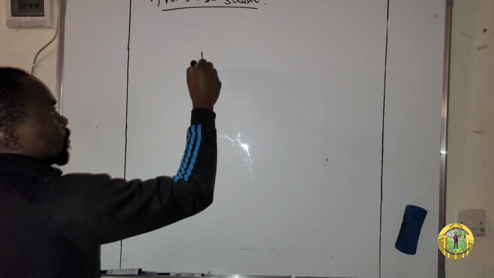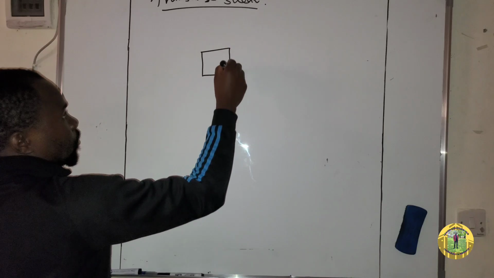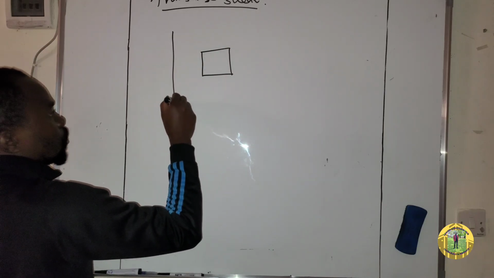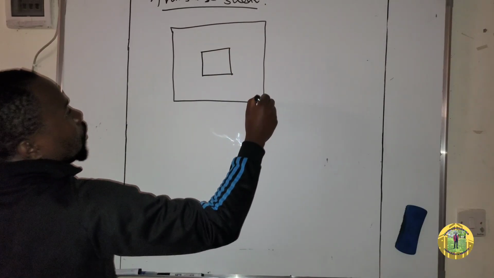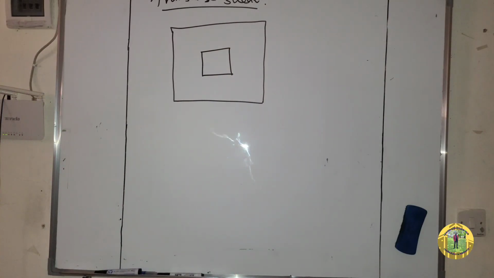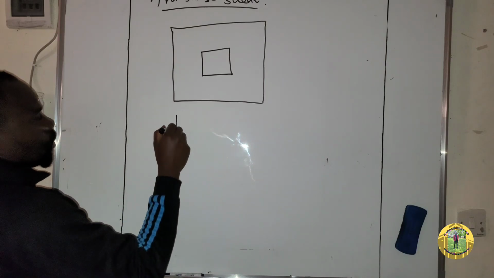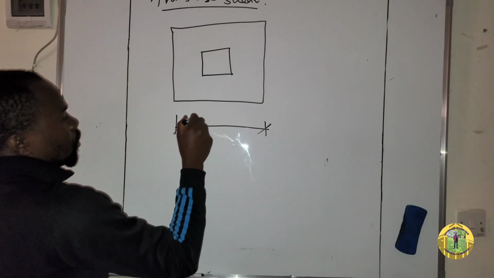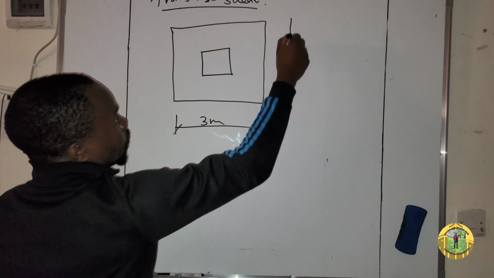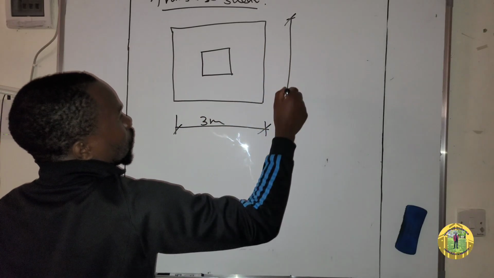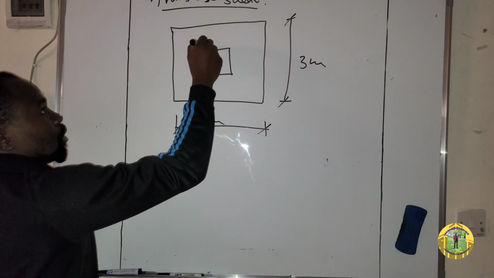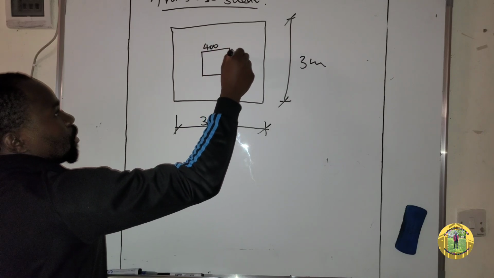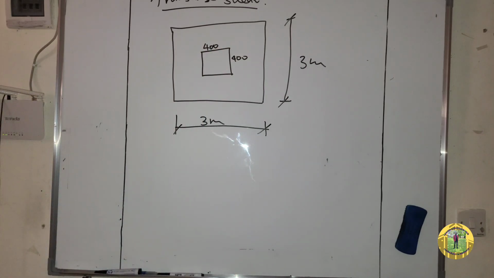This is a column, and this is the base. Our base is 9 meters square, which is 3 by 3 meters. So this is 3, and also here is 3. And this is our column, which is 400 by 400 millimeters.